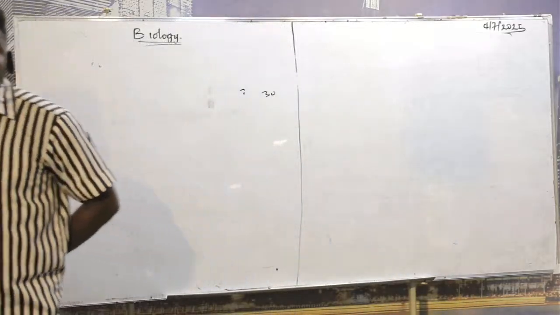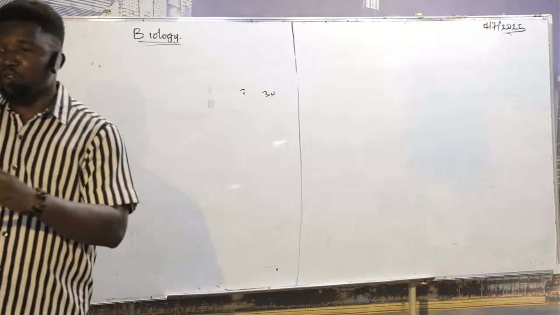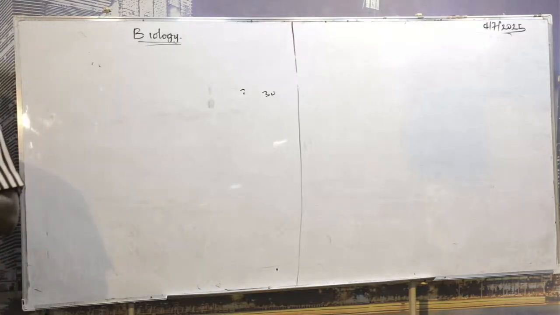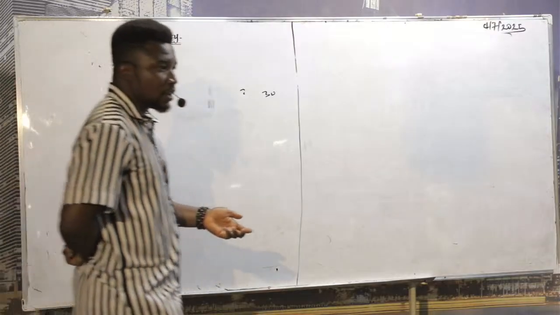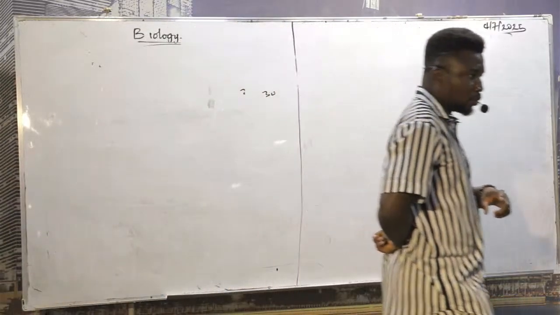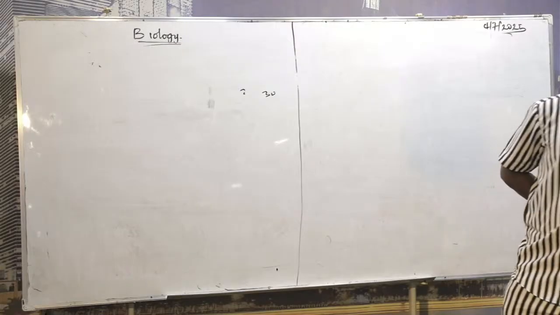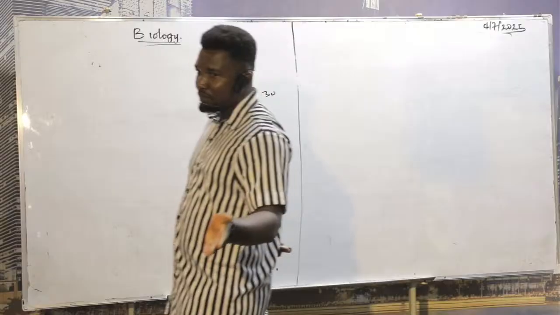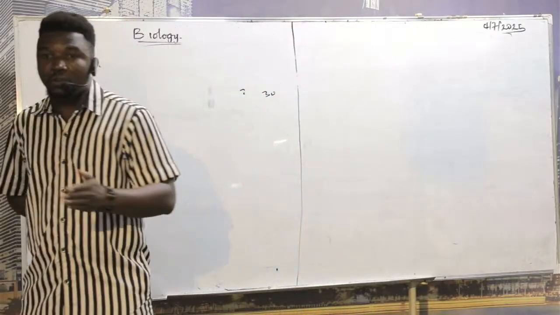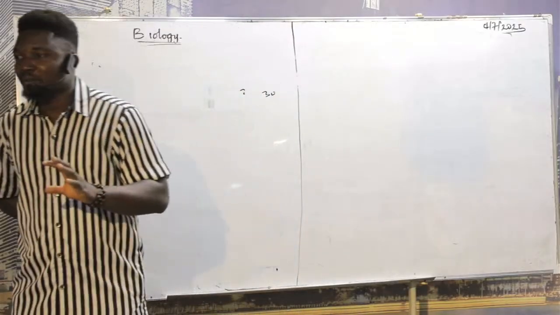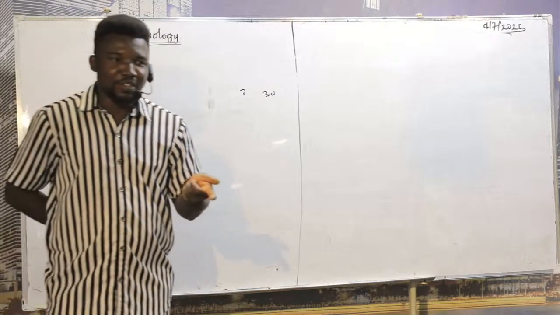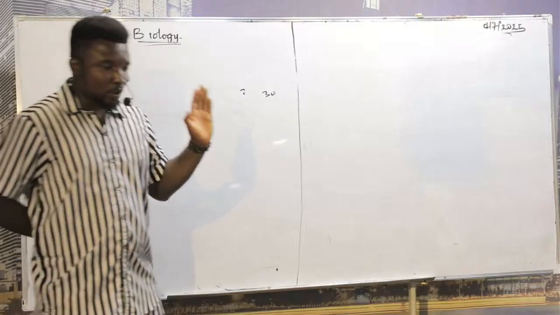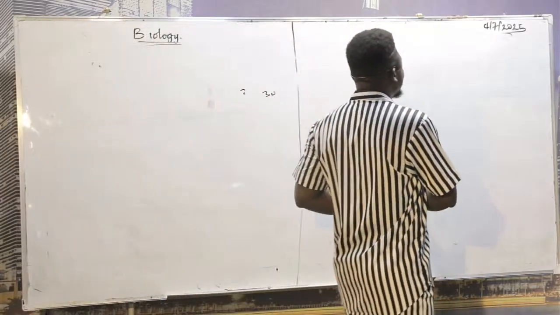Okay, we are not done. I said intermediate neuron is called association neuron. Which other thing did I say? It connects the sensory to the motor, and also helps to send impulses from sensory to motor. Any other one? The axon and the dendrite are linked with other neurons. That's all. But let's move to efferent.